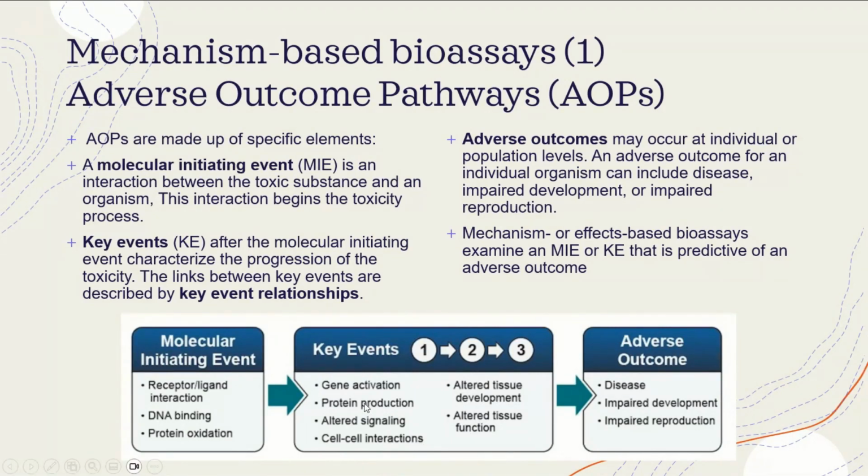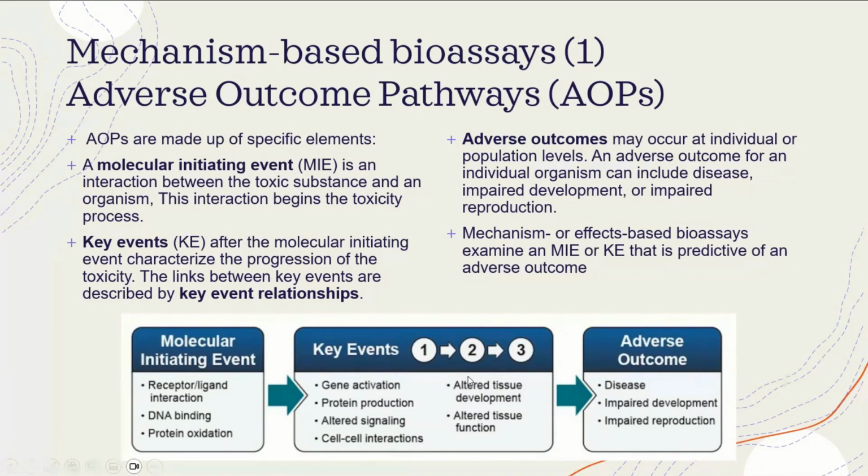So some of the key events that you might see are changes in gene expression, altered tissue function, altered cell proliferation. Again, these are causally linked to the presence of that chemical and that chemical interacting with this molecular initiating event.